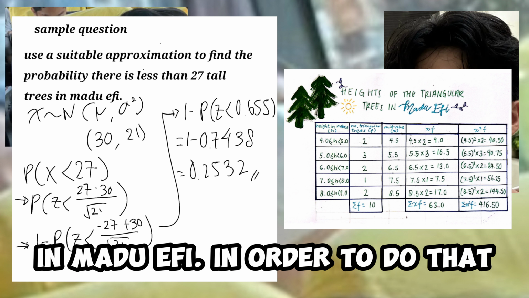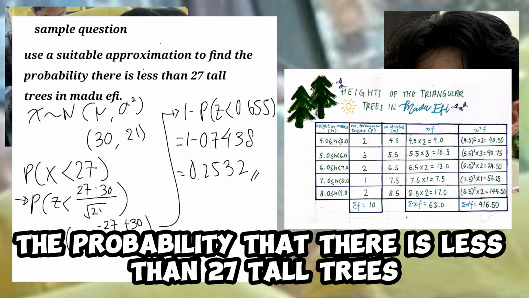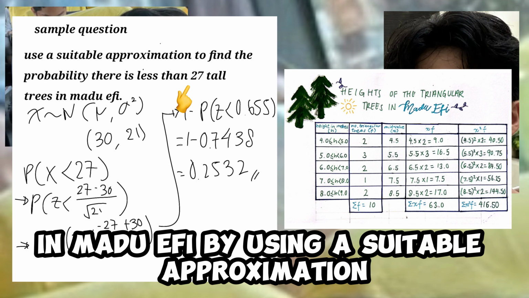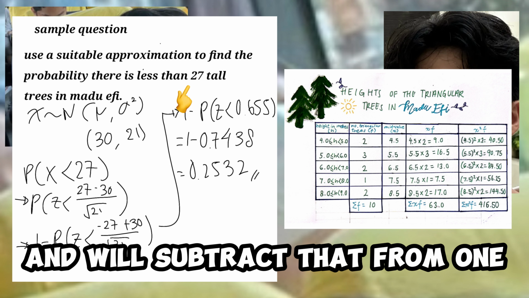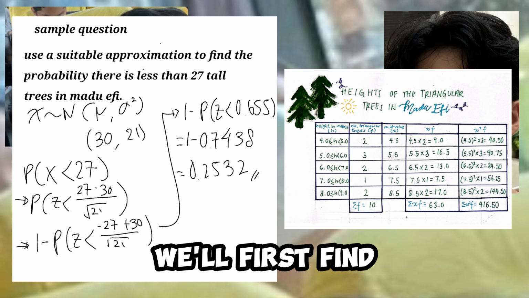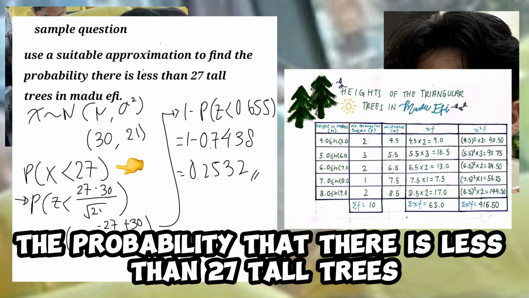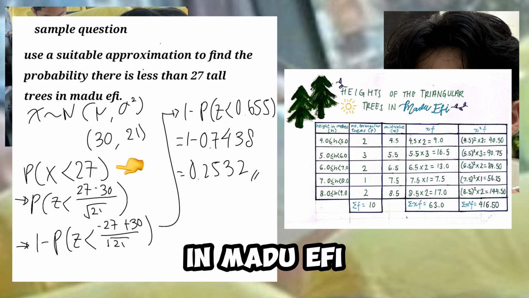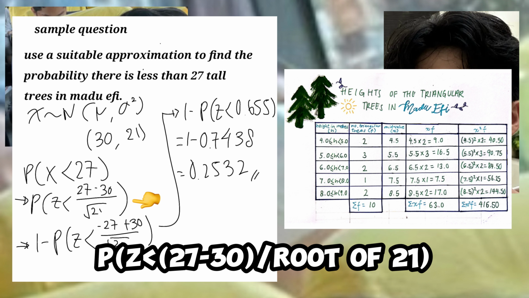In order to do that, we'll have to find the probability that there is less than 27 tall trees in Madu Fe by using a suitable approximation, and we'll subtract that from 1. So, to do that, we'll first find the probability that there is less than 27 tall trees in Madu Fe. We'll write it out as P(Z is smaller than (27 minus 30) over root 21).